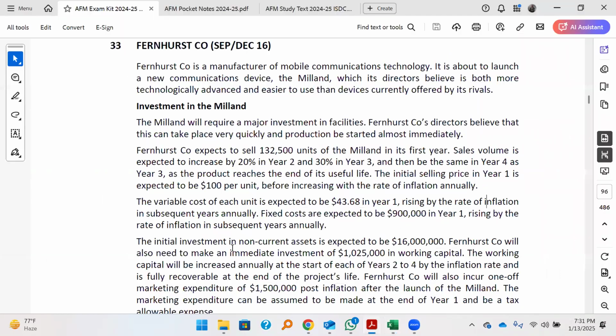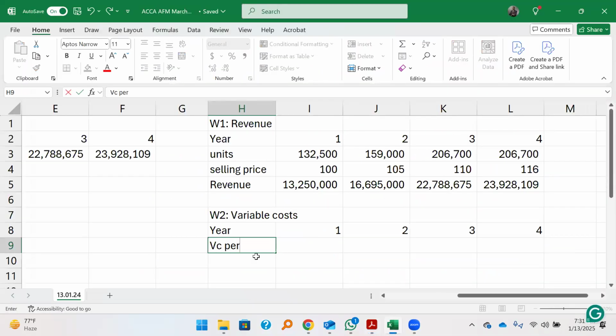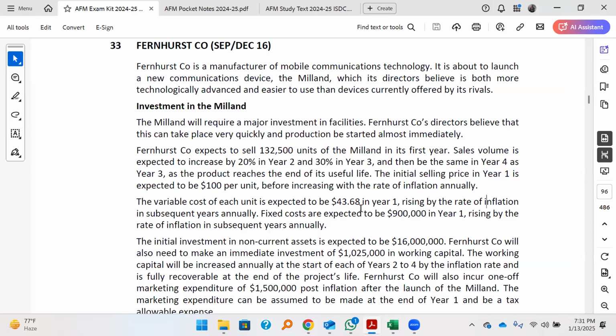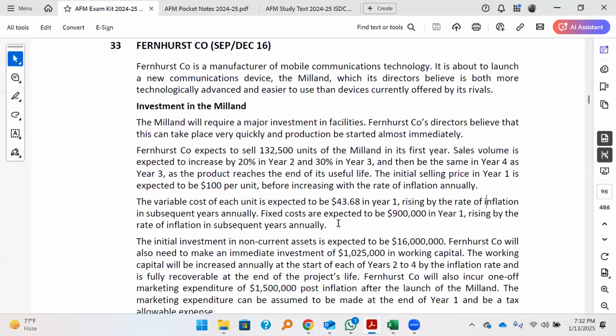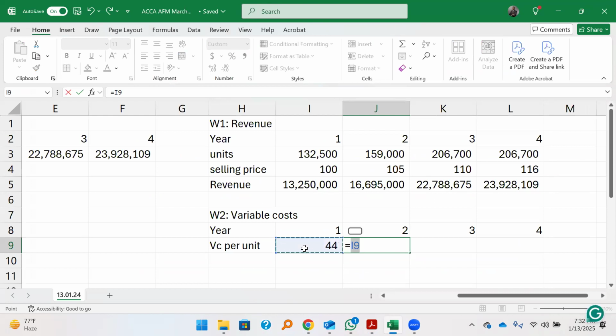They say that the variable cost per unit is 43.68 in year one, and then it is going to grow by inflation, which we said is 5%.